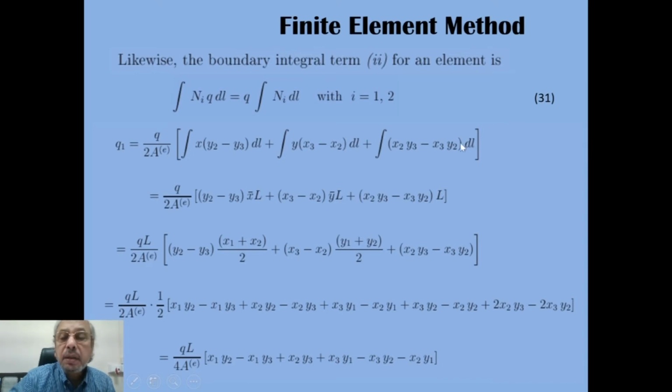Inside we are getting x into (y2 minus y3) dl, y into (x3 minus x2) dl, and then x2 y3 minus x3 y2, and we are integrating over the line.